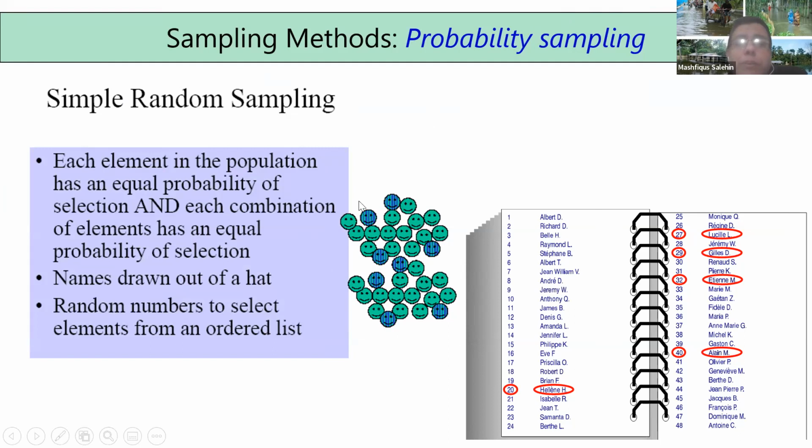So very simply, for example, you are working in a district or a union and it has 5,000 households. If you have a list of households and some labels associated with each household, you can put the names of all those households in a hat, and then you can randomly choose from the hat.